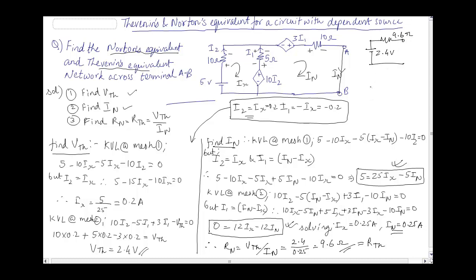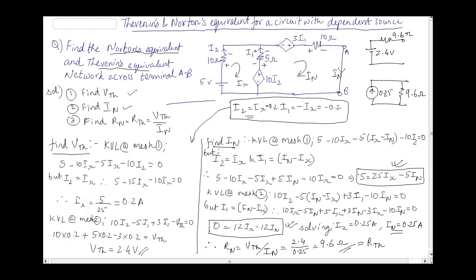What is the Norton's equivalent? Norton's equivalent is the current source. The current source is IN, which is 0.25 amperes, in parallel with a resistance. What is the resistance? Which is Rn, 9.6 ohms.